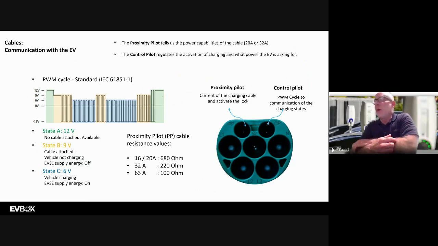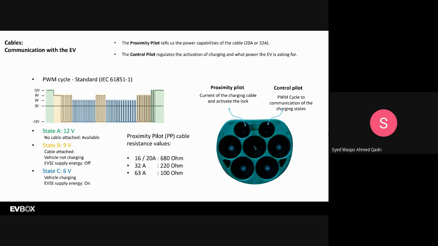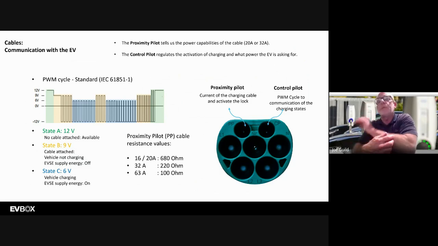Right. When we're talking about the resistance for the proximity pilot in the capacity of the cable, we're talking about resistance measurements. But I think I know what you're talking about, because when we're talking about pulse width modulation, we have a value where it's a calculation. And then we're saying to the customer 0.53, we have to multiply that by a factor, and actually what we're saying is 32. It's kind of cryptic, but it's really just saying what is my maximum.